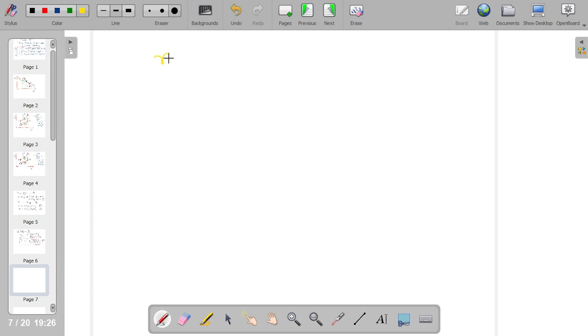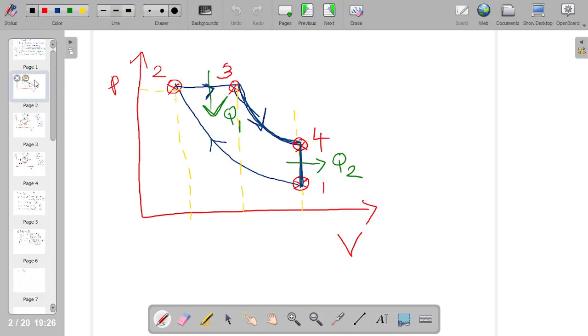First, we have to define the combustion ratio, Rk. Combustion ratio is the volume before combustion divided by the volume after combustion. Here the volume at the start of combustion is V1, and at the end it reaches V2.